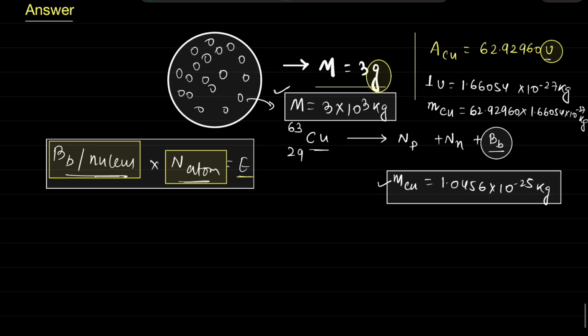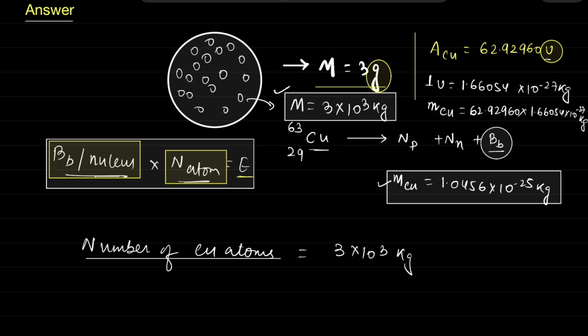Now to find the number of Cu atoms, we are going to divide the total mass by the mass of one atom of copper. So it is 3 into 10 to the power minus 3 kg, divided by 1.0456 into 10 to the power minus 25 kg.